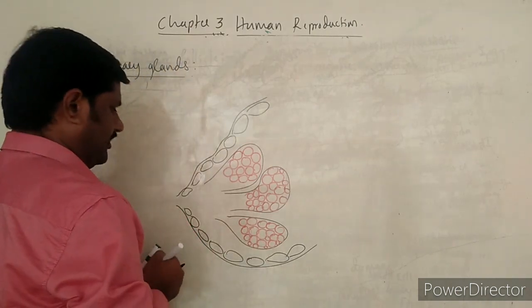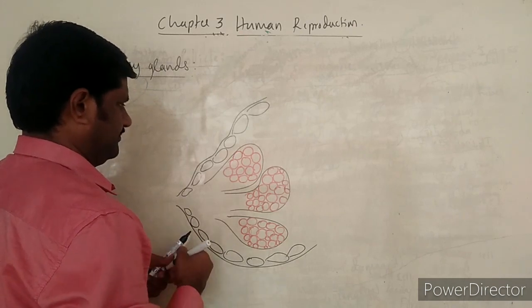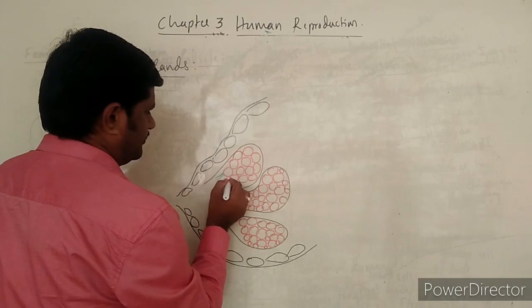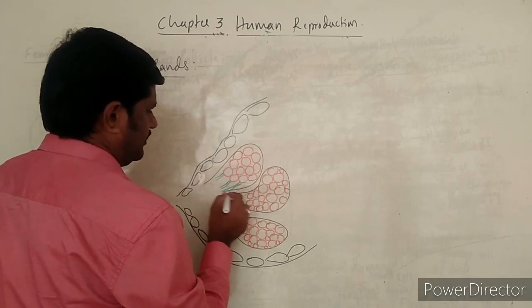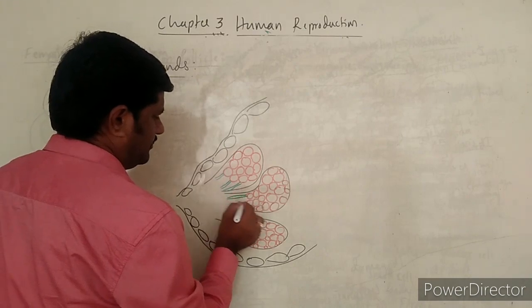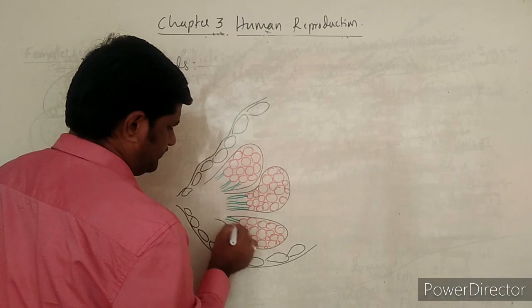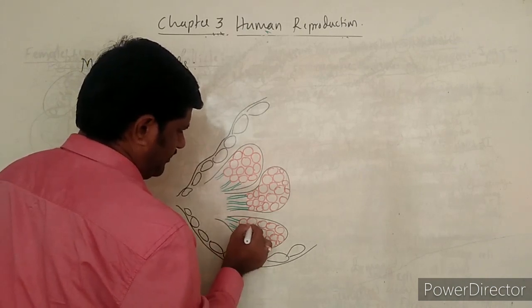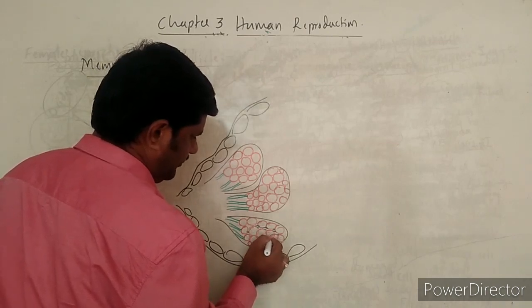These alveoli have some tubules. Each alveolus has tubules, and you are observing the tubules here. Many tubules are there for each alveolus.